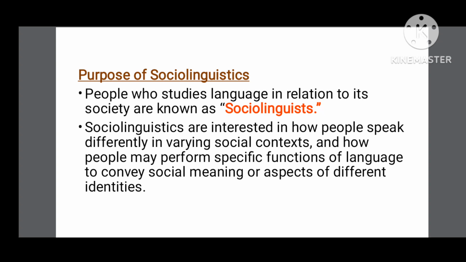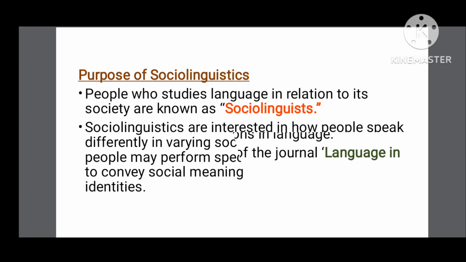Sociolinguists also study how people use language to perform different functions and how they fulfill their needs by using language. Moreover, language is also an identity marker, and sociolinguists are interested to find out how language acts as an identity marker.